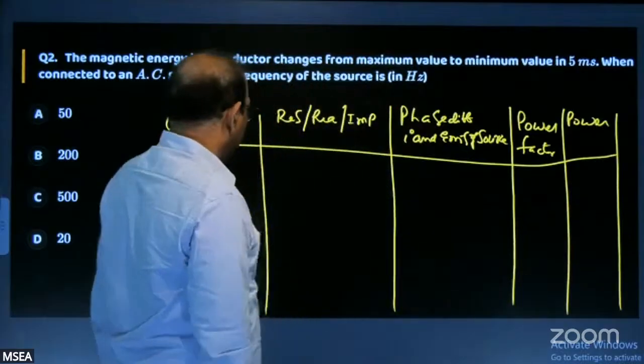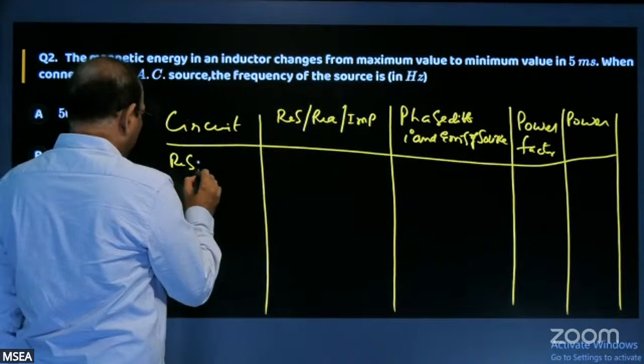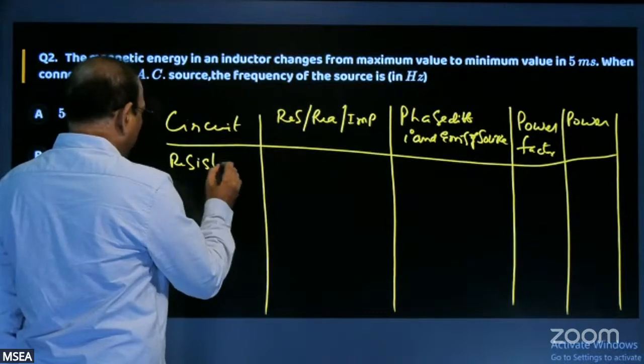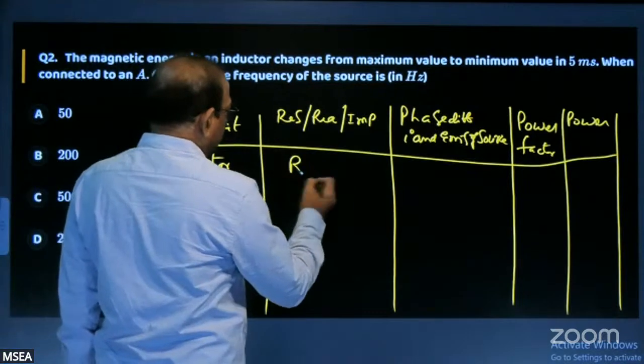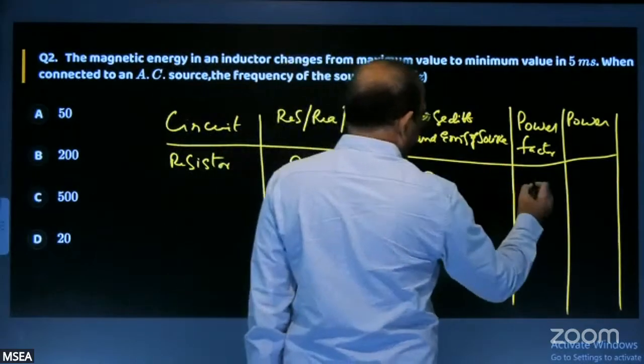Remember, the first one is the pure resistor circuit, an AC circuit with a pure resistor. Resistance R, phase difference 0. Power factor is 1.